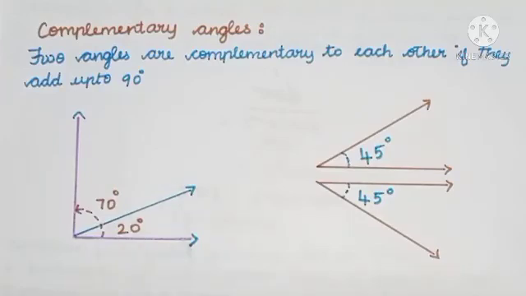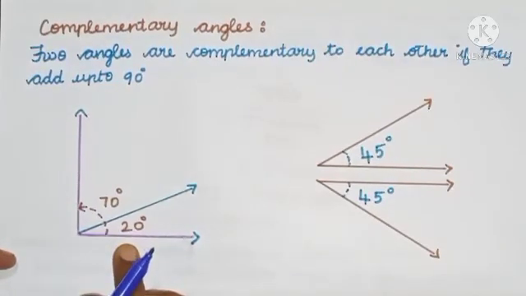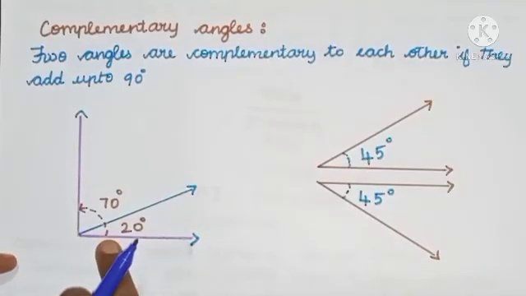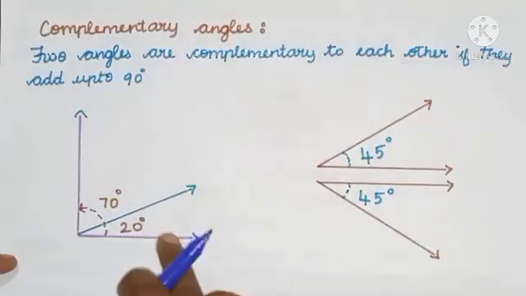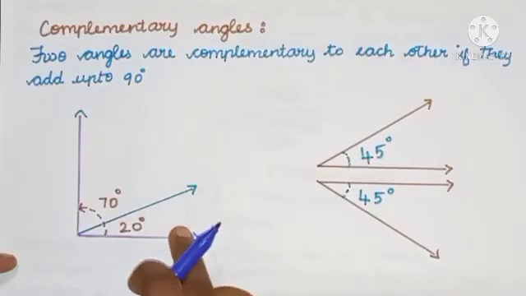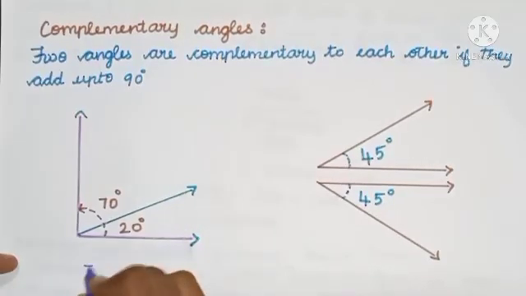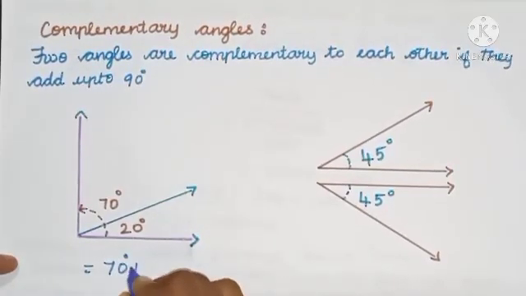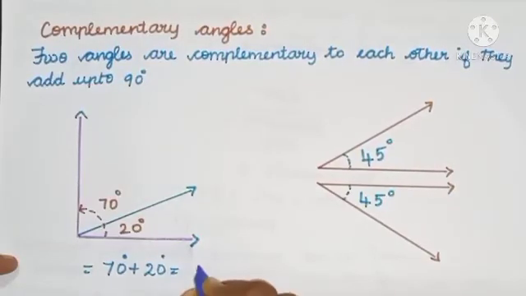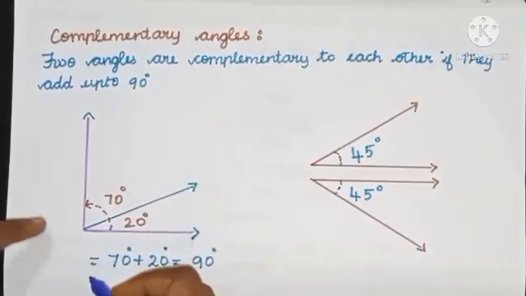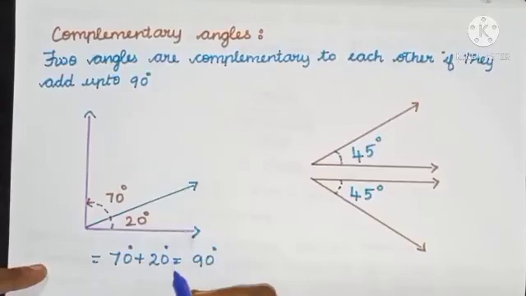One given example is 70 degree and 20 degree. If they add up to 90 degree, then these angles are said to be complementary angles. See, 70 degree plus 20 degree is equal to 90 degree. So it is called complementary angles.